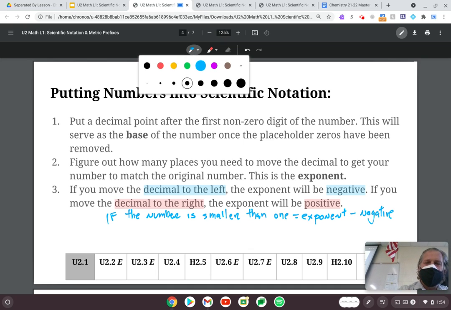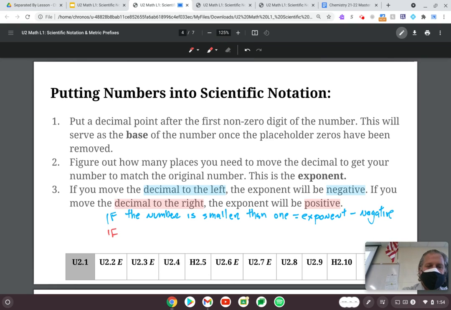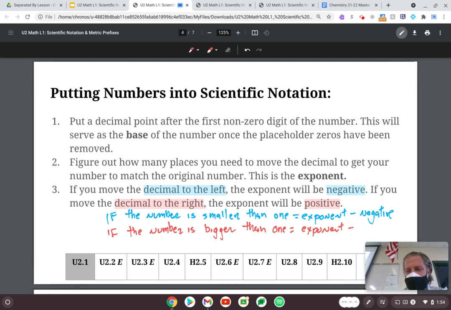And if the number is bigger than 1, the exponent is positive. And that's just how I look at it.